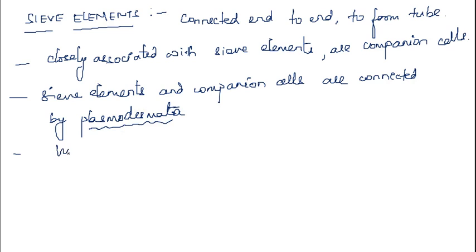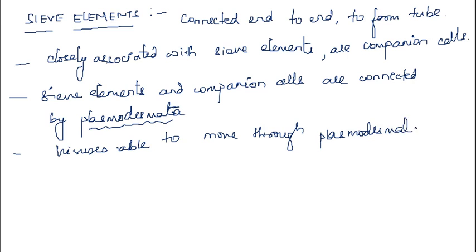So remember, viruses are able to move through plasmodesmata. Where will they go? They will search for food. They will infect the sink tissues. What are sink tissues? Sink tissues are the non-green tissues where carbohydrate is metabolized or stored. Clear?